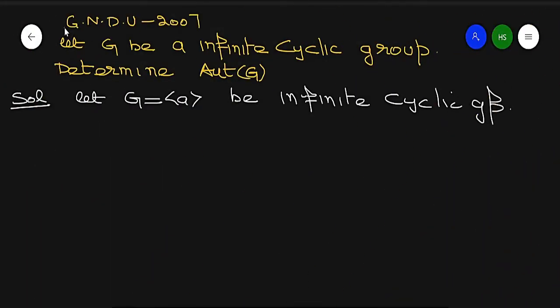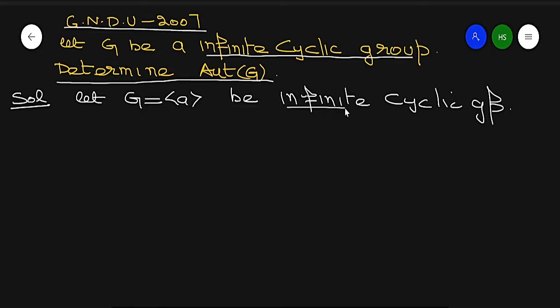So my next question is: let G be an infinite cyclic group, then determine the automorphism of G. So let G generated by A be an infinite cyclic group.